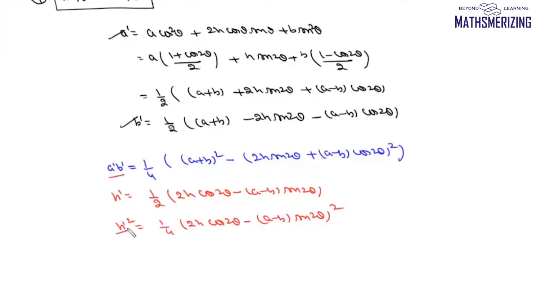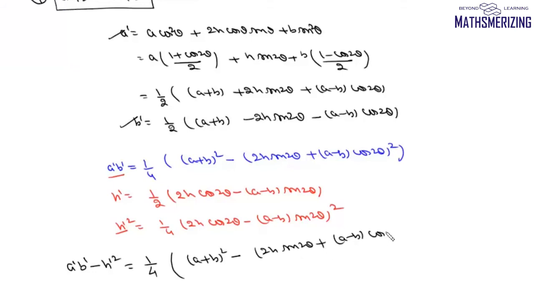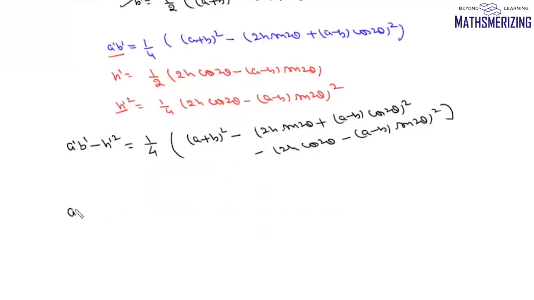Now we'll find a dash b dash minus h dash square. So a dash b dash minus h dash square will be 1 by 4 and here it will be (a plus b) square minus [2h sin 2 theta plus (a minus b) cos 2 theta] whole square minus [2h cos 2 theta minus (a minus b) sin 2 theta] whole square. So we'll simplify it: 1 by 4 and here it will be (a plus b) square.